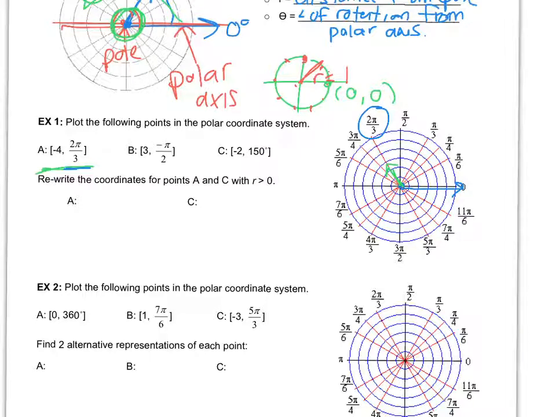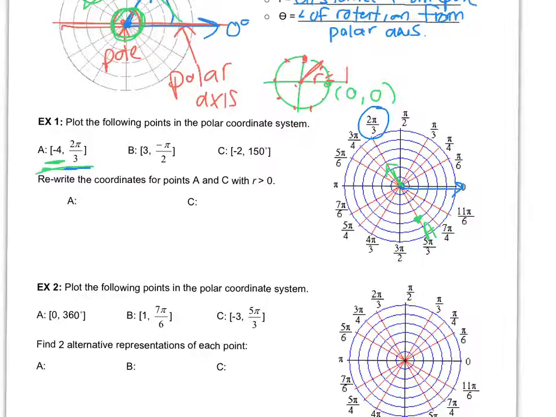That's the angle, that's our theta. So we've opened up to face that. But because our radius is negative, as we're facing 2 pi thirds, imagine walking backwards 4 units. That accounts for the negative value of r. So you would go backwards 1, 2, 3, 4, and that would be the point A.